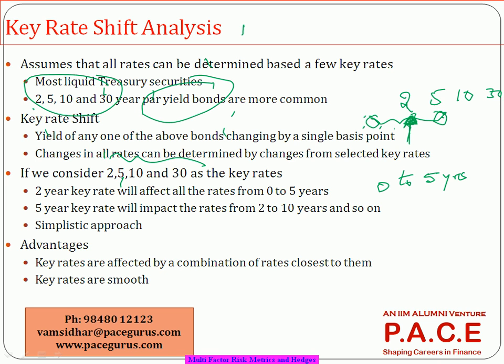Let's say if the 2-year interest rate is increased by 0.5%. It cannot be a sudden increase of 0.5%. What you are saying is, you assume that the change in the interest rate is gradual.